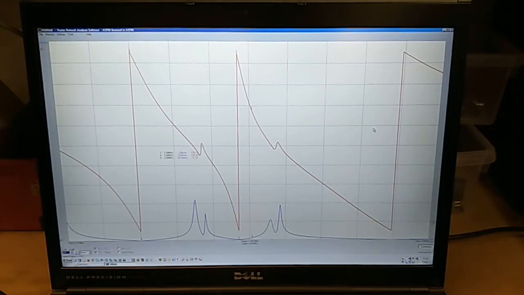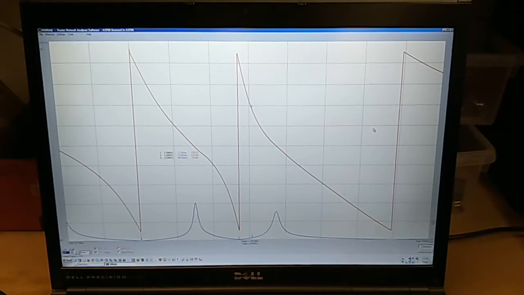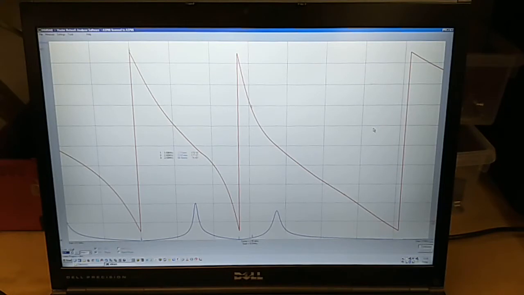Now if I connect the load at the end again, so attached to the primary of the receiver, then we have reduced the Q by putting that load in, and then we'll rebalance up.